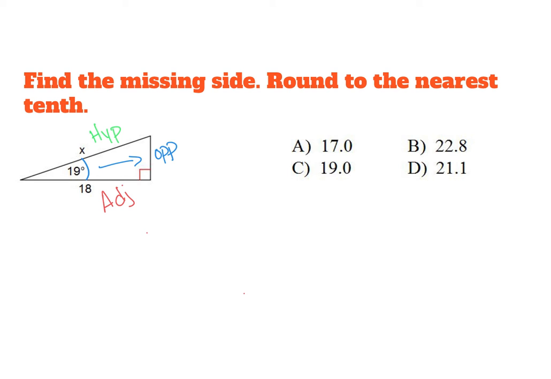So I'm going to write out SOHCAHTOA. So now I'm going to decide which trig function I need to use. And to do that, I'm just going to see which side, hypotenuse, opposite or adjacent, has no information, or I'm not trying to find information.